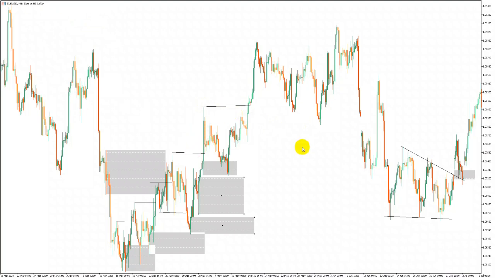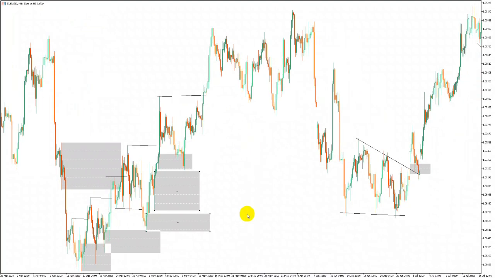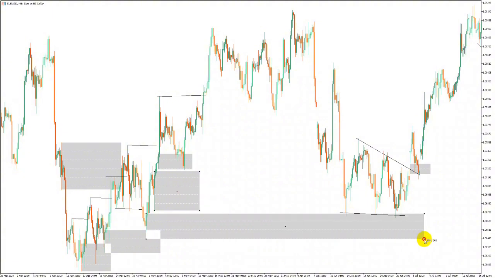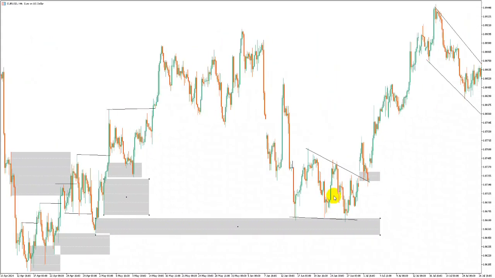So you can see after this break of structure, don't forget guys, we have two levels here that have not been tested, which is this one that has not been tested, right? And then we have this other one I see here not being tested.